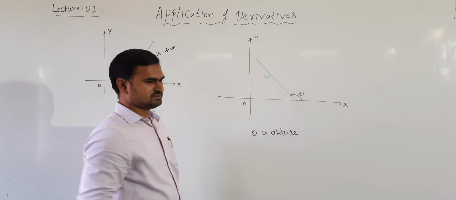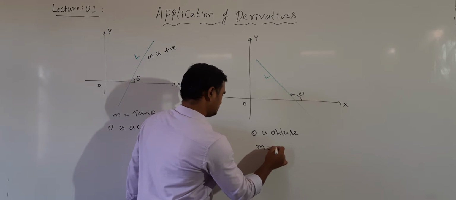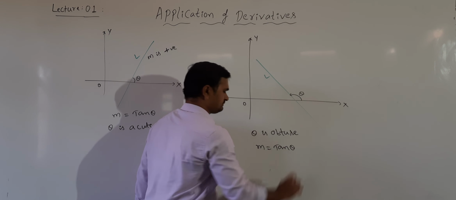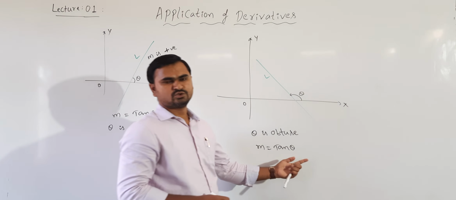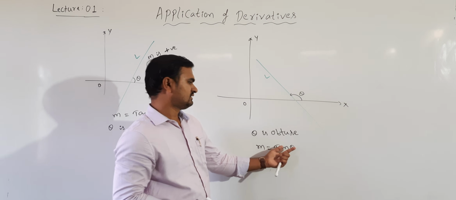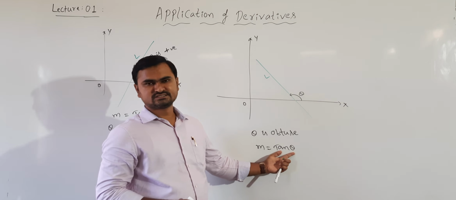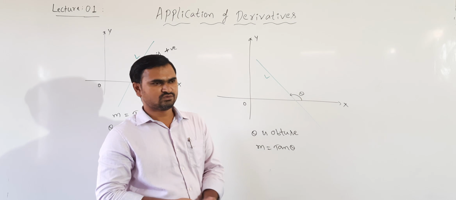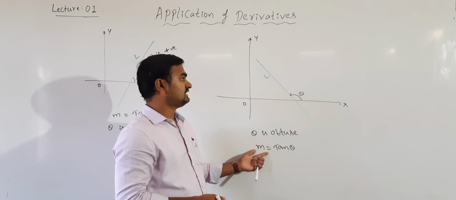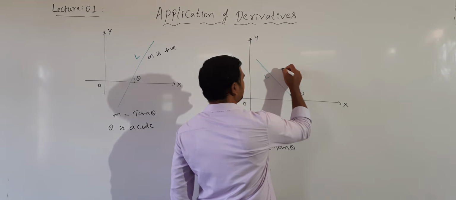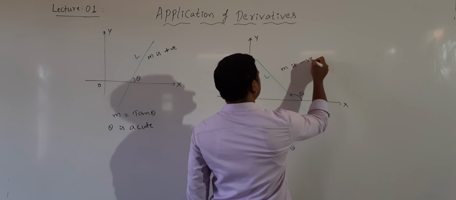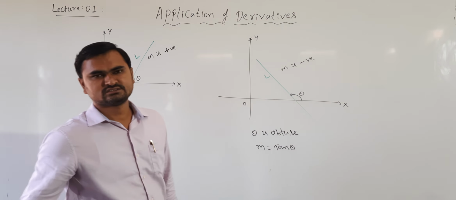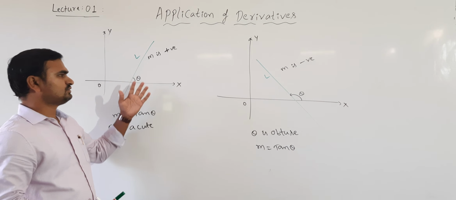Theta obtuse means slope is always tan theta. Now theta obtuse means more than 90, so 90 to 180. So 90 to 180, tan is negative because the angle lies in the second quadrant. So tan is negative means here slope is negative. So m is negative.